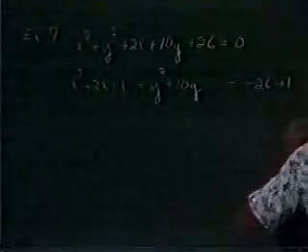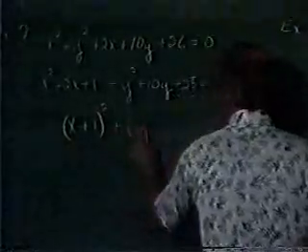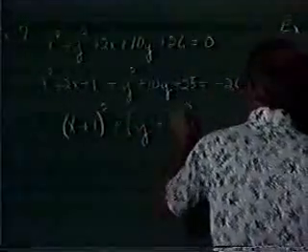Squaring that is 1. I add 1 to both sides. Dividing this by 2, that's 5. Squaring that, adding to both sides, is 25. And so I have x plus 1 squared, y plus 5 squared is equal to 0.